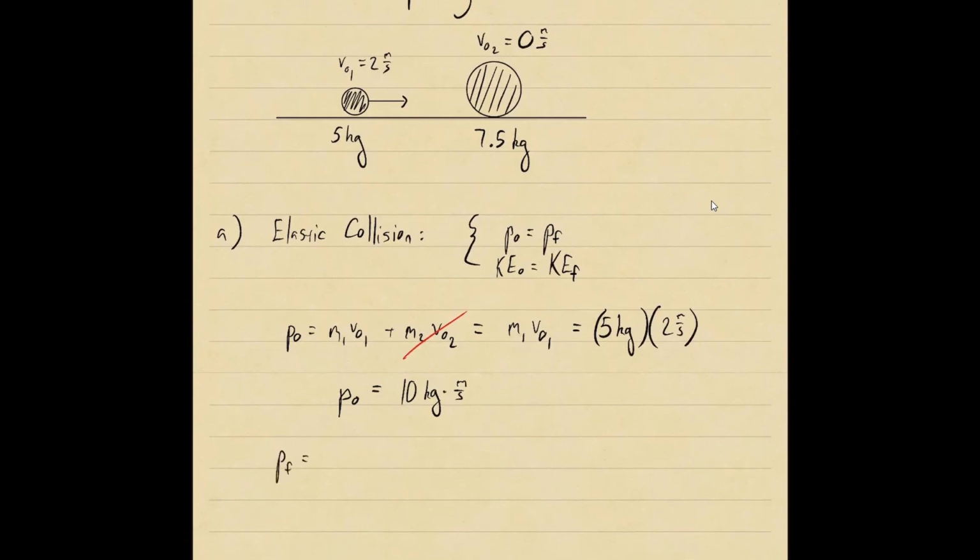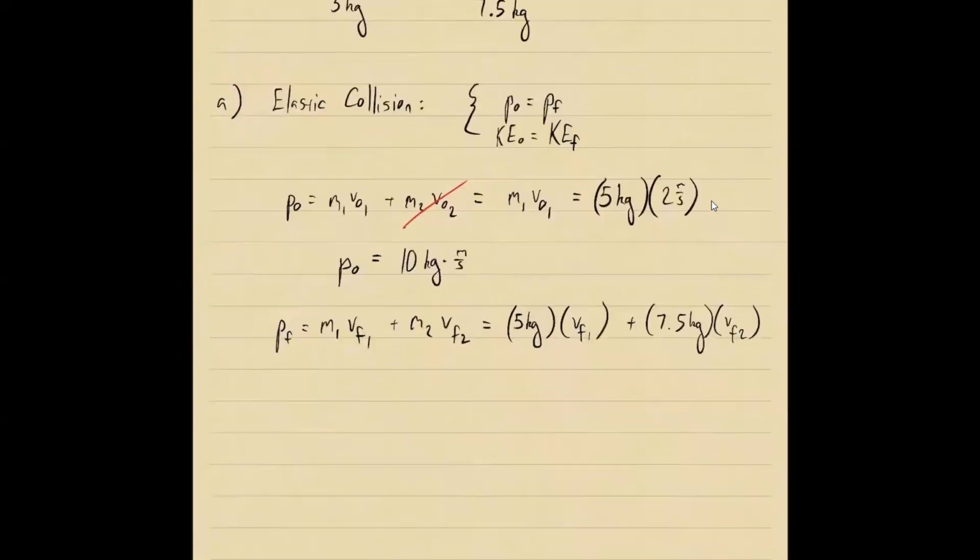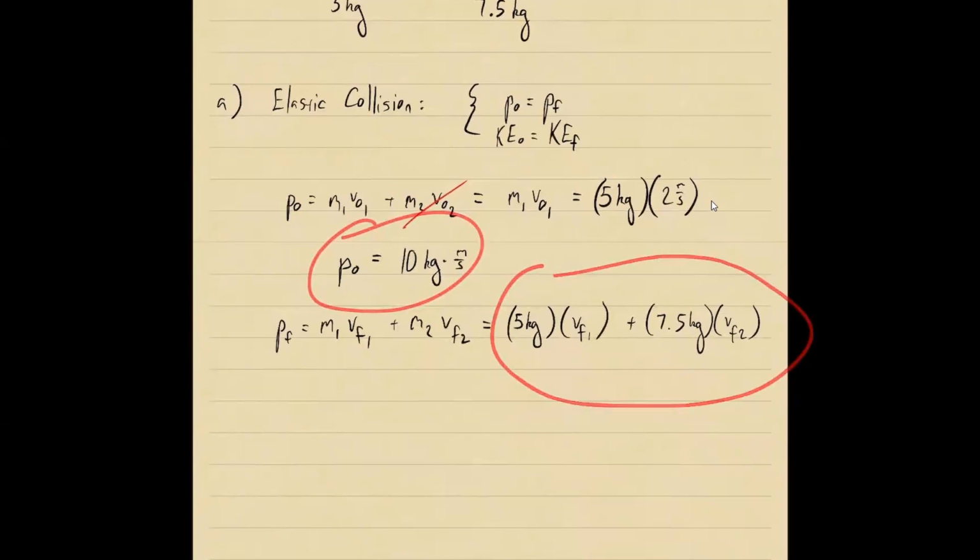Afterwards, we have the mass of our first ball times the final velocity of our first ball plus the mass of the second ball times the final velocity of our second ball. So it's going to be 5 kilograms times the final velocity of ball 1, which we don't know, plus the mass of ball 2 times the final velocity of ball 2, which we also don't know. But what we do know is that our initial momentum is equal to our final momentum.